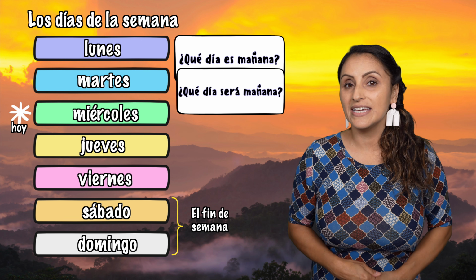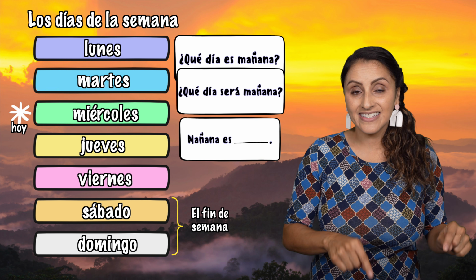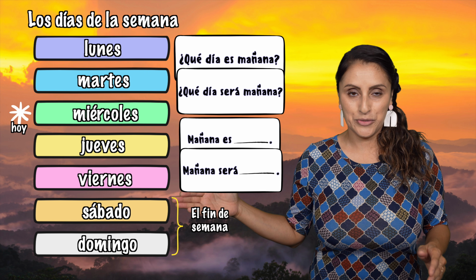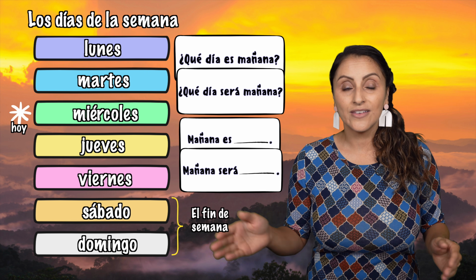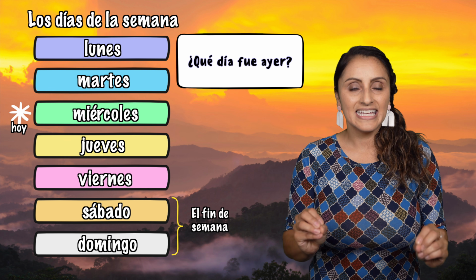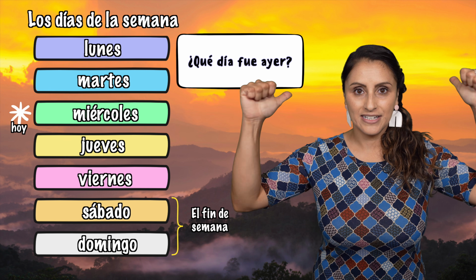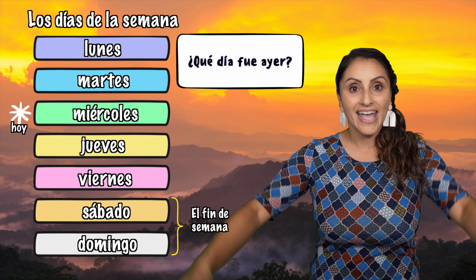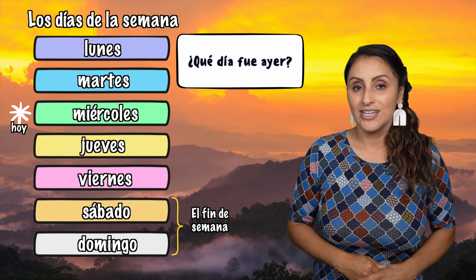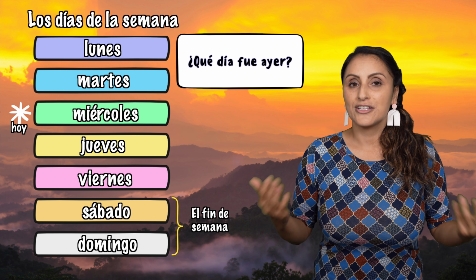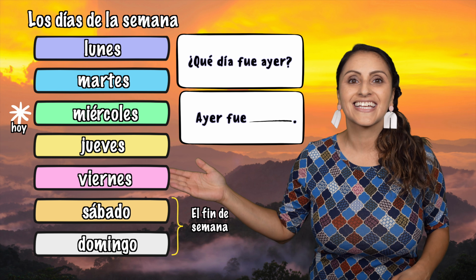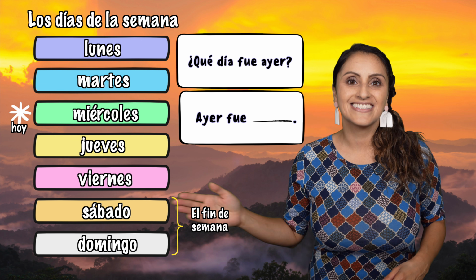Your answer could be mañana es and the day of the week, or mañana será and the day of the week. ¿Qué día fue ayer? What day was yesterday? And your answer would be ayer fue and the day of the week.